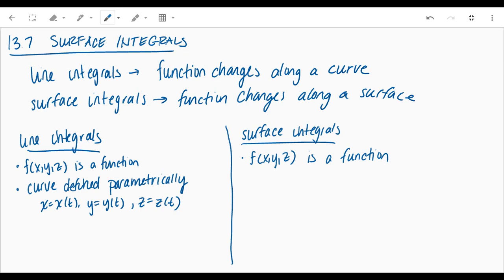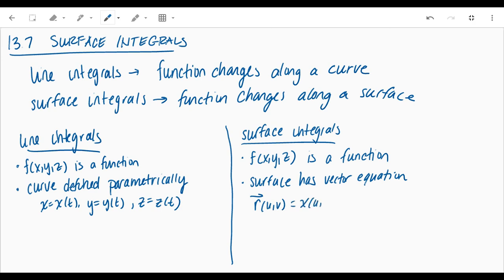We could do a vector equation of the curve too. For our surface, we're going to have a vector equation r with two parameters.